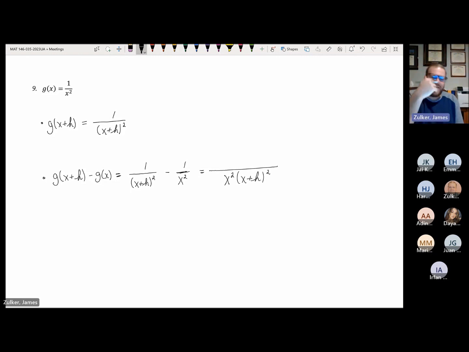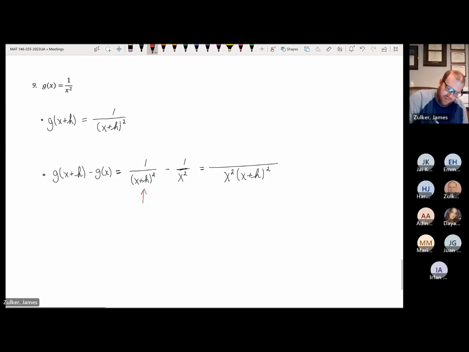What we're doing, right, is we multiply each term by the common denominator over the common denominator. All right, remember that?